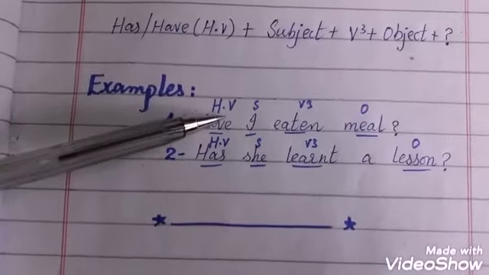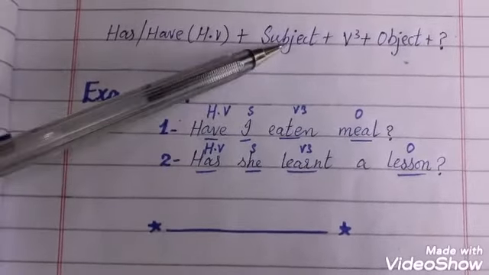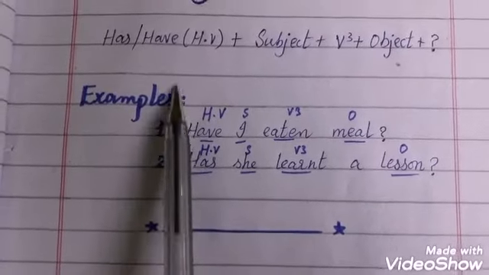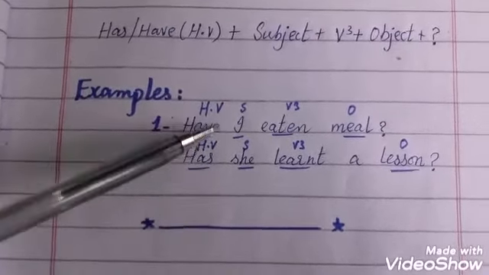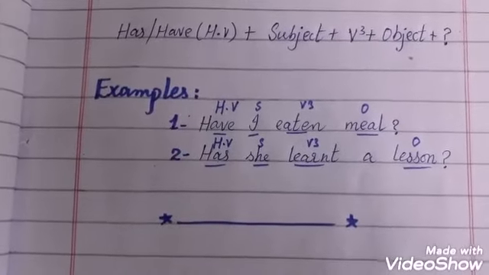According to formula, we have used helping verb, then subject, then V3, then object, and in the last we have used question mark. Same is example 2. Has she learnt a lesson? Helping verb has, she is subject, learnt is V3, and lesson is object, and in the last we have used question mark.